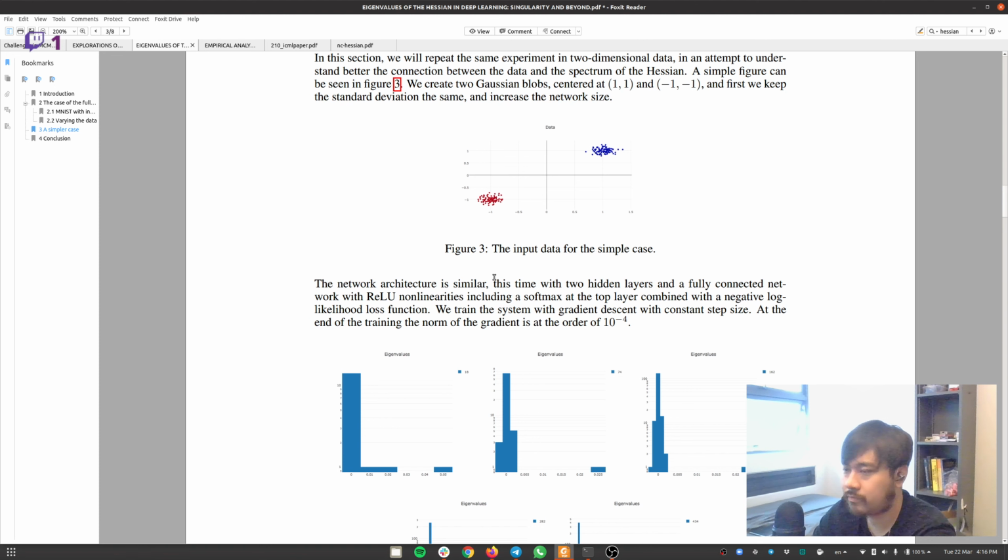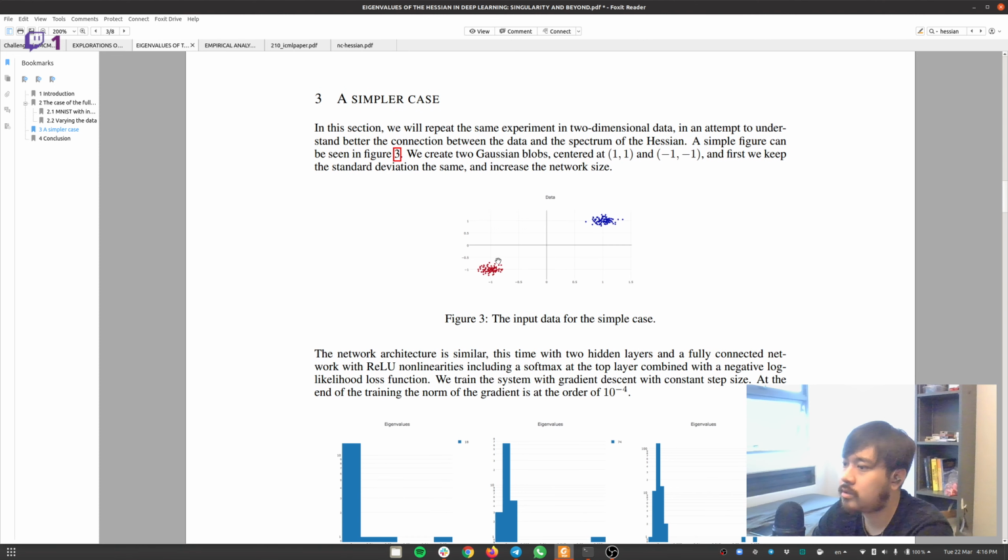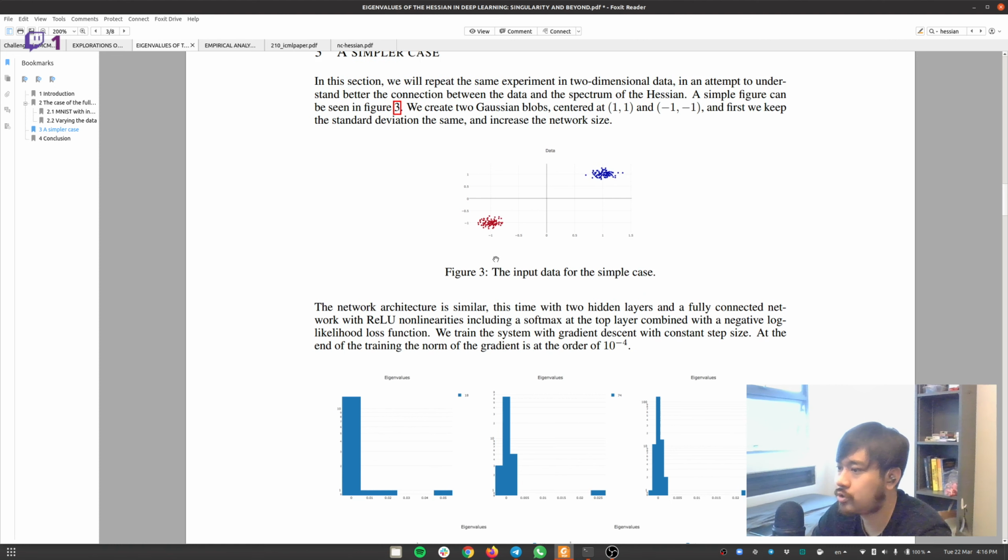This time with two hidden layers and a fully connected network with ReLU non-linearities including softmax, blah blah blah. We train the system. Wait, so this is just negative log likelihood. There's no regularization, am I right? This matters, right?